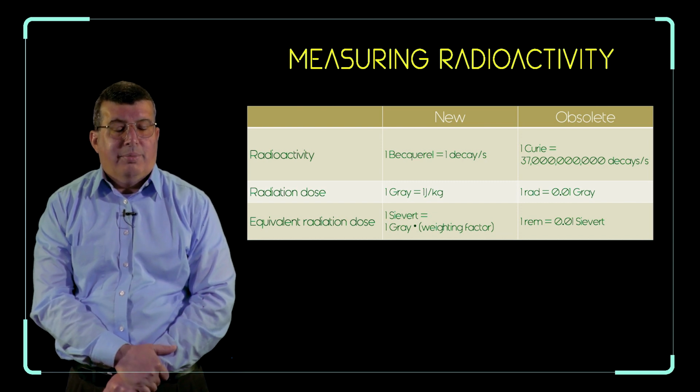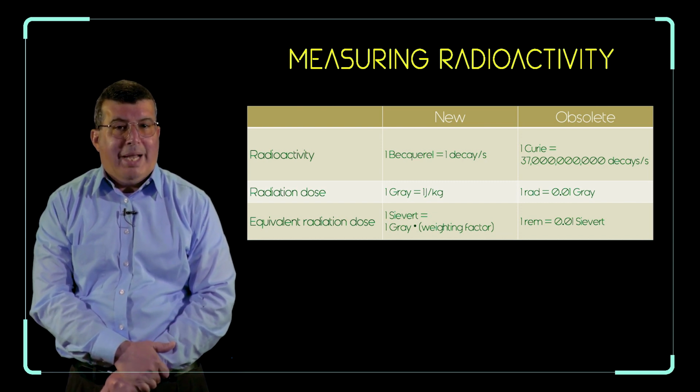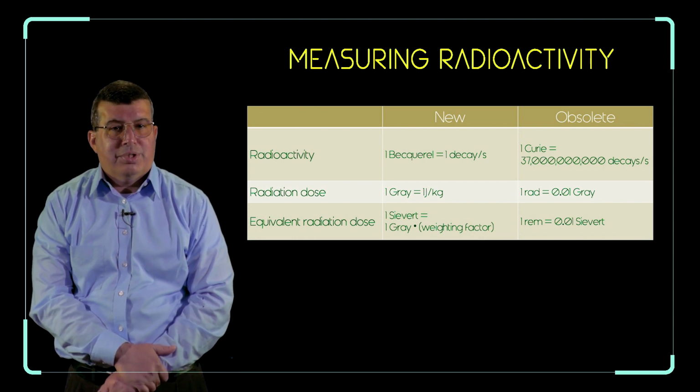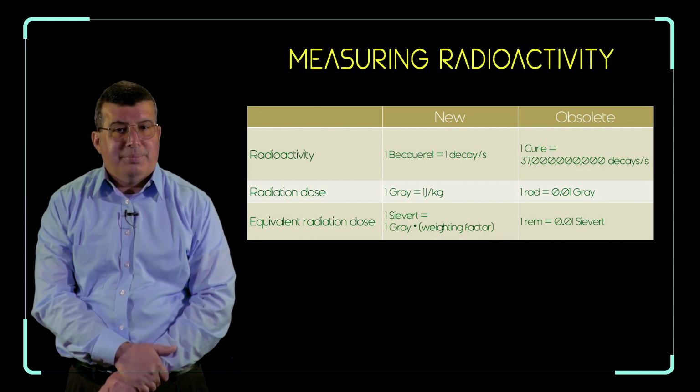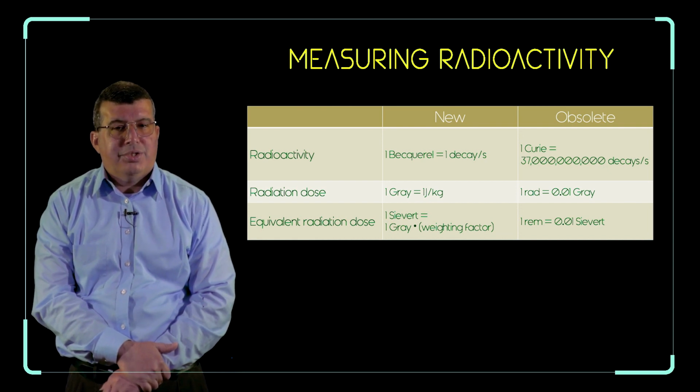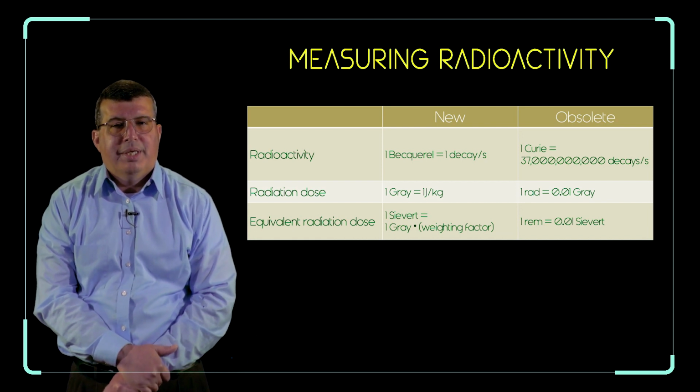So the larger you are, the more mass you have, the lower the radiation dose is for the same amount of energy. So 1 gray of radiation dose is 1 joule of energy per kilogram of body weight.